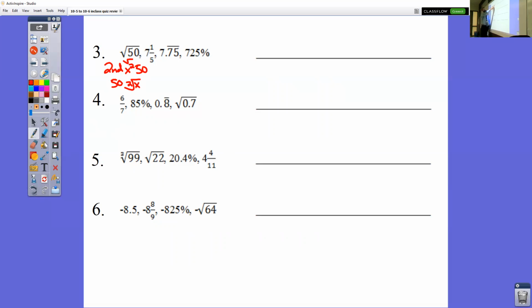When you go to do the percent at the end, you would type in 725, hit the second button, and then the left-hand side parenthesis button. That is your percent symbol. If you're using a device, you can't use the percent symbol. You have to move the decimal point 2 places to the left. Go ahead and do number 3, please.